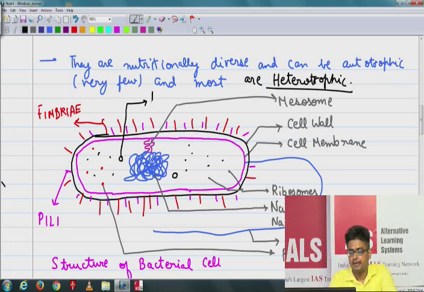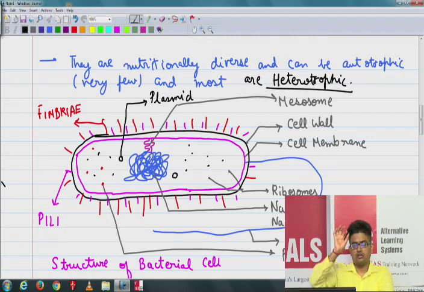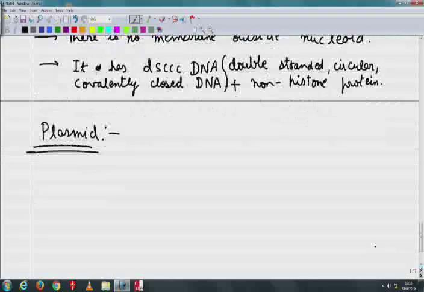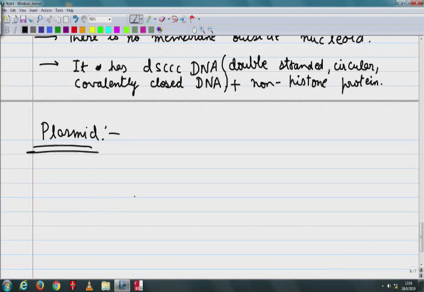You can draw a small loop there. Plasmids are extra chromosomal segments of DNA. Actually, this definition needs to be learned.